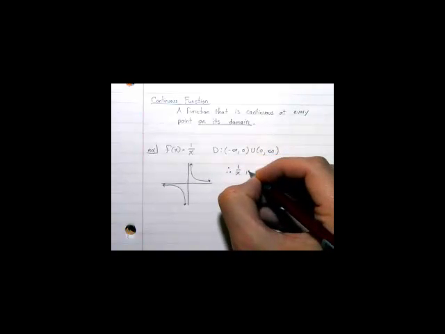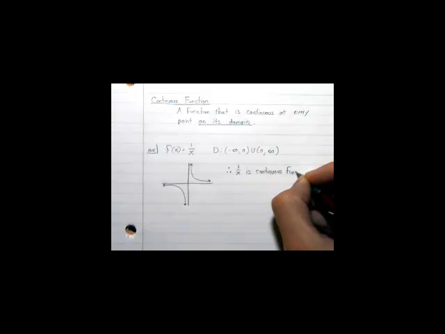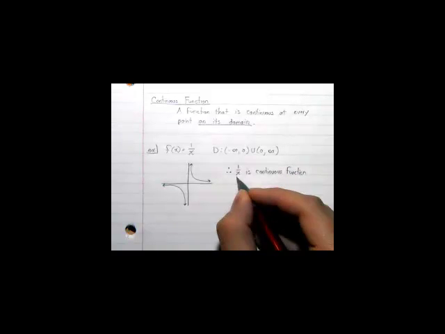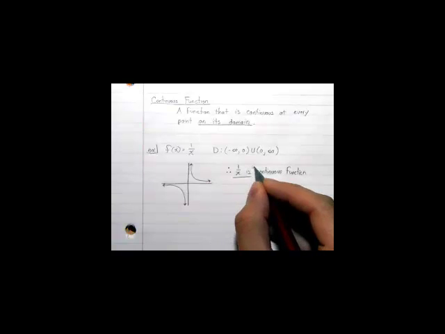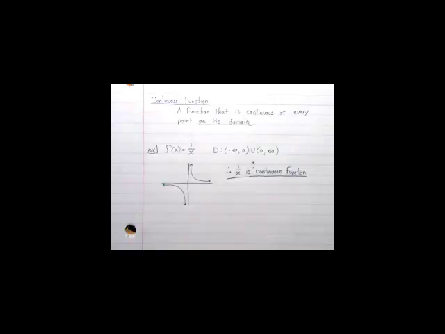So would most functions that have infinite discontinuity be a continuous function? Yes. Infinite discontinuities, because they by nature take a number out of the domain, don't really affect if a function is considered a continuous function or not.